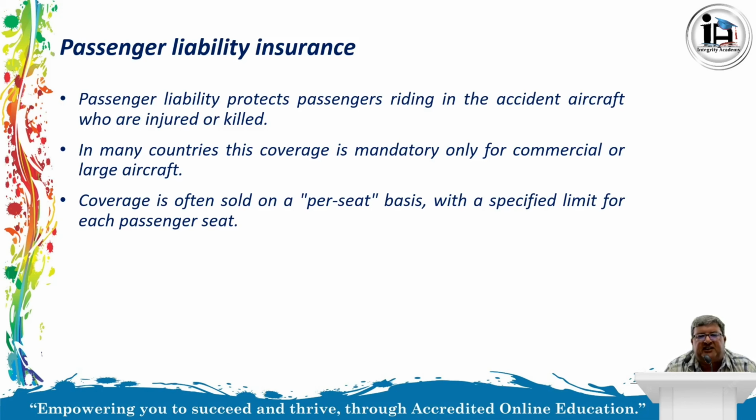All right. Then we look at passenger liability insurance. Passenger liability protects the passengers riding in the accident aircraft who are injured or killed. In many countries, this coverage is mandatory only for commercial or large aircraft. Coverage is often sold on a per seat basis with a specified limit for each passenger seat.